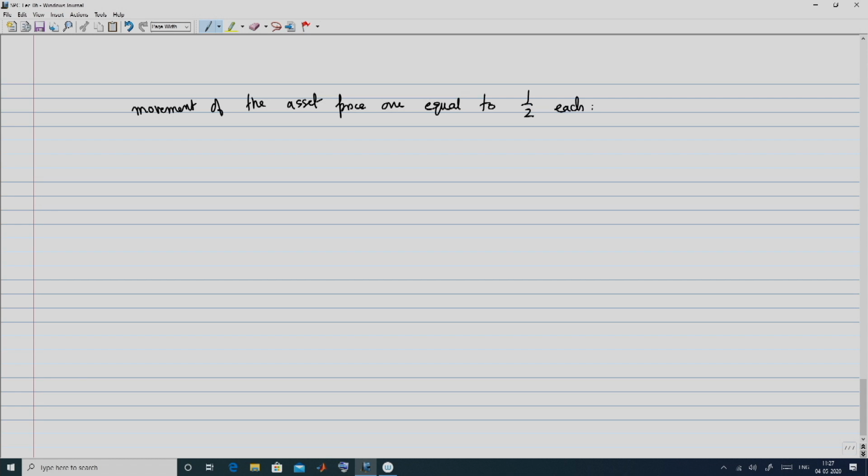That means, we take p is equal to half and 1 minus p equal to half. Okay, so, now we recall that.